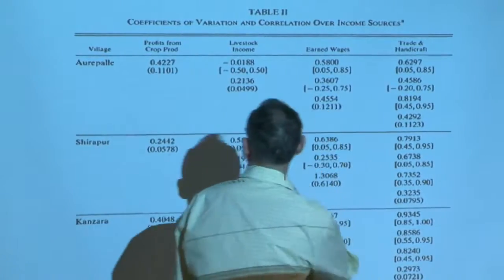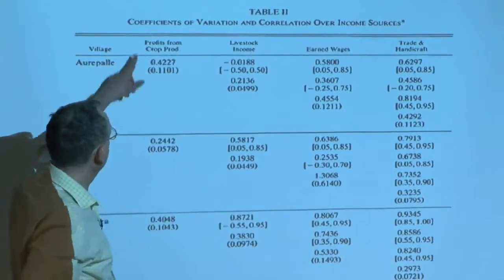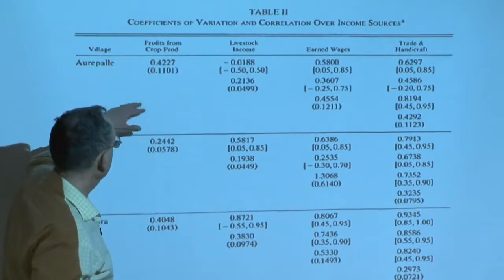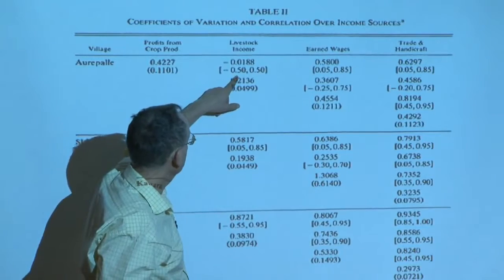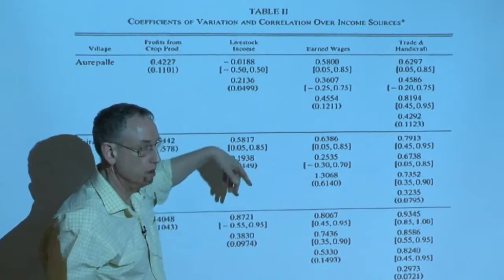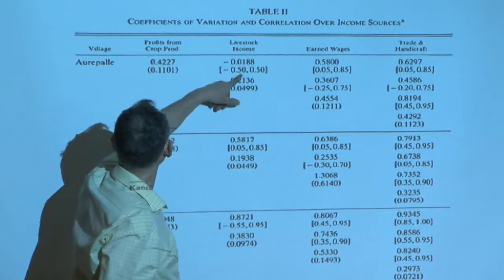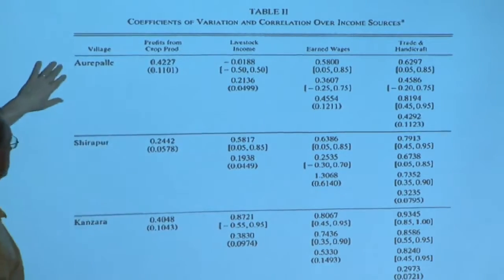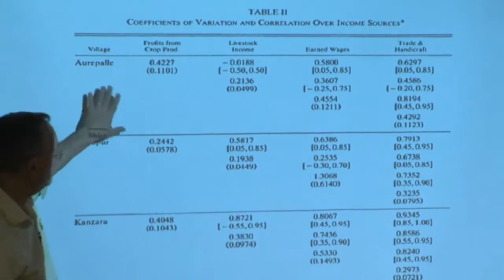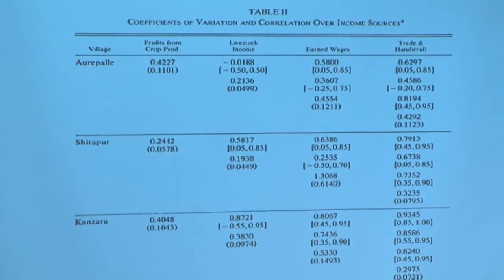So if you're going down the diagonal, you're reading the coefficient of variation, and then above and below the diagonal, you're reading the correlation of, say, in this case, livestock income with profit income. It just throws you off because it should be written down here, and then to avoid double counting, you don't fill in the bottom of the matrix.